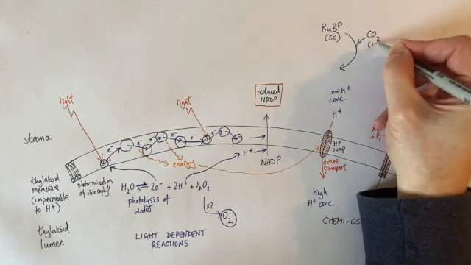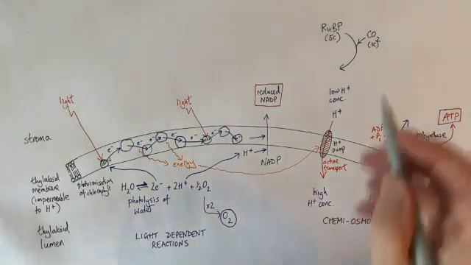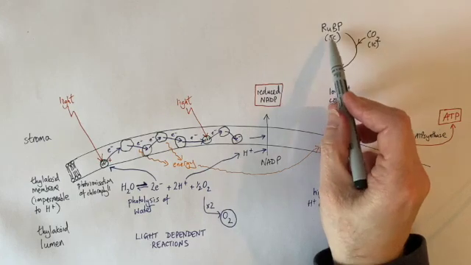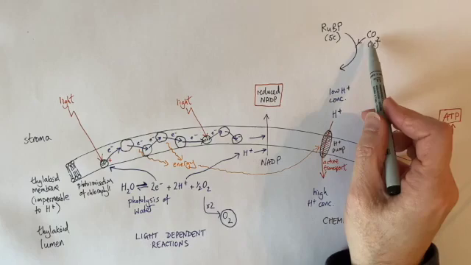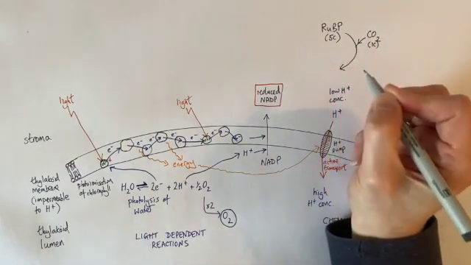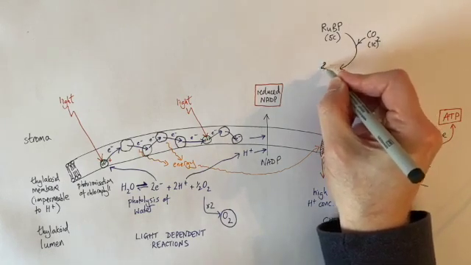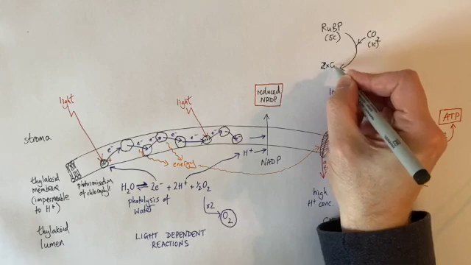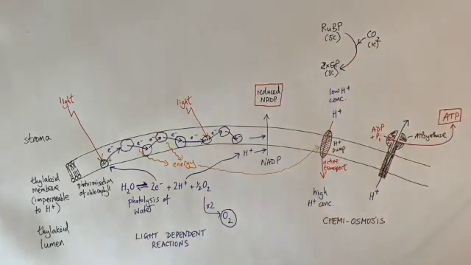Now, of course, carbon dioxide has only got 1 carbon atom in it. And what we get is 1 molecule of RUBP combines with 1 molecule of carbon dioxide, and you get, instead of a 6 carbon molecule, 2 3 carbon molecules, and those are called GP, glycerate 3-phosphate.